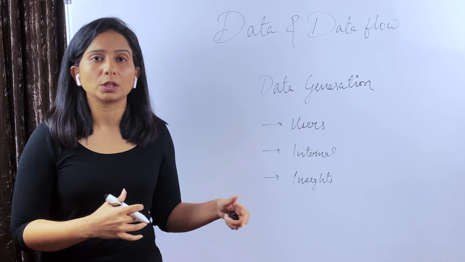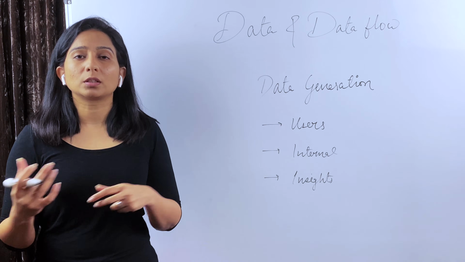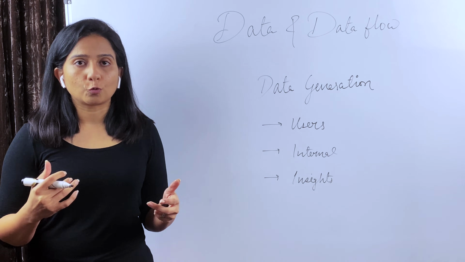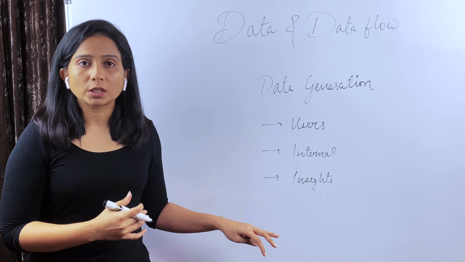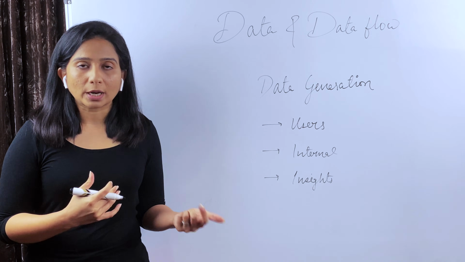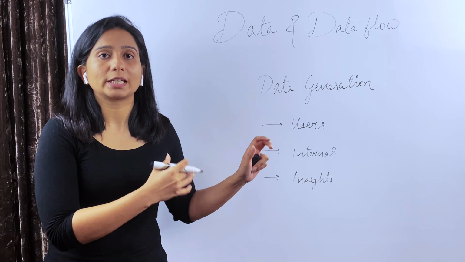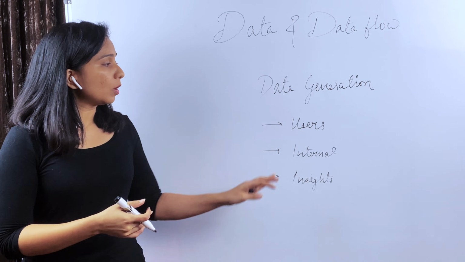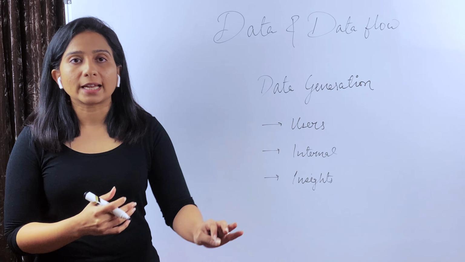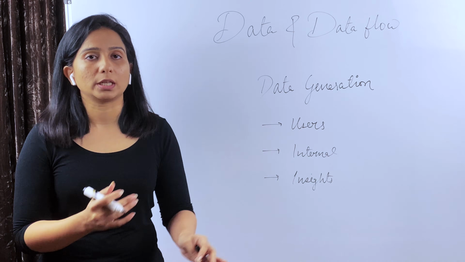There will be profile history, their payment details, the subscription details, and so on and so forth. So there can be different categories of data, but majorly users interact with data. The system itself populates a lot of data about the data which it already has, and also some data is created as part of insights or from the user's data itself.